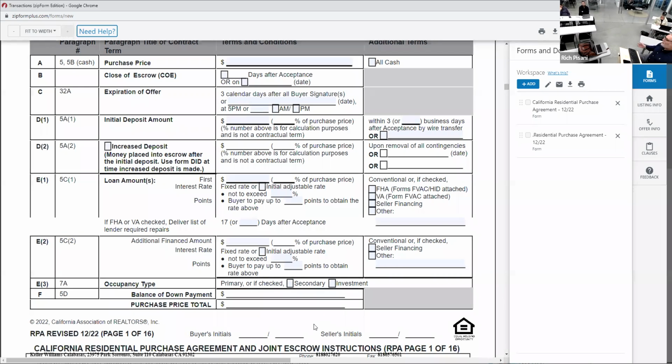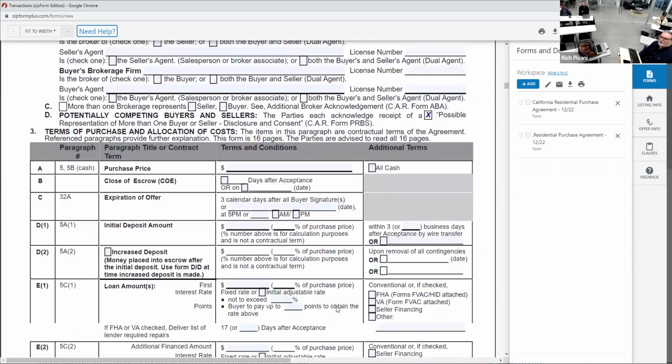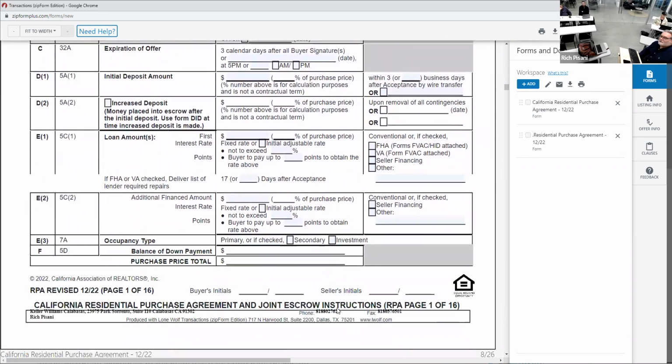Secondary means a second home. Investment obviously is an investment. So when you put all these numbers in, it will calculate what the balance of the down payment is, and the total purchase price will reflect what you put in up here as the purchase price.